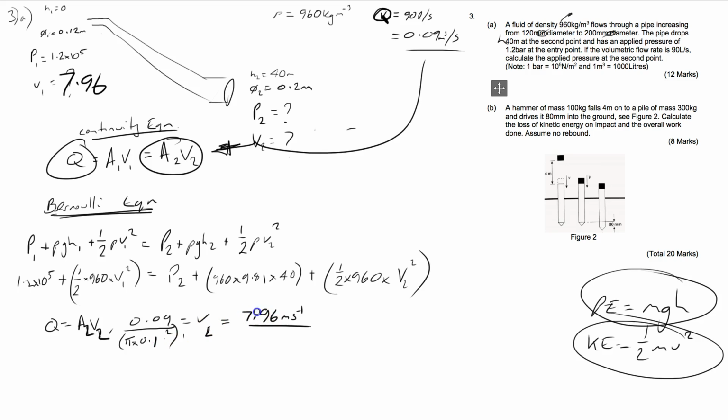this thing is going to equal 0.09 divided by pi times 0.1 squared. Stick it in your calculator all in one to prevent errors. That's going to equal 2.86.